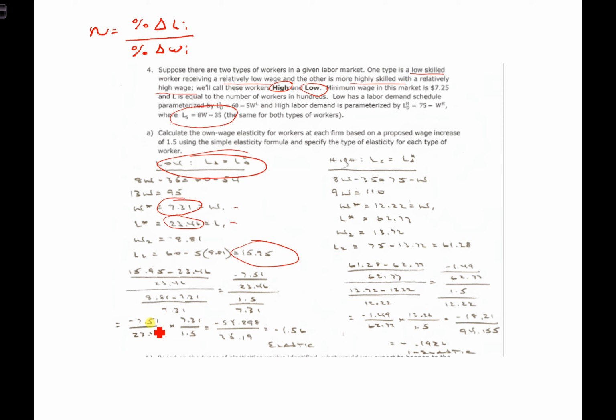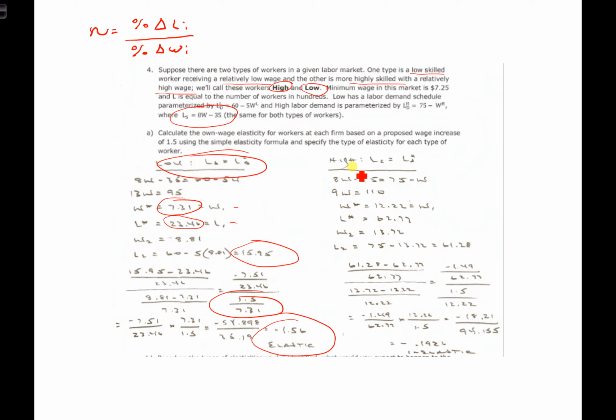Well, I then go ahead and invert the denominator because I like to use a product rather than a quotient. You don't need to do that. It's just simply a personal preference, such that we end up with negative 1.56 for the elasticity quotient, and that is elastic, of course. And that's what we would have expected for the low-skilled workers.